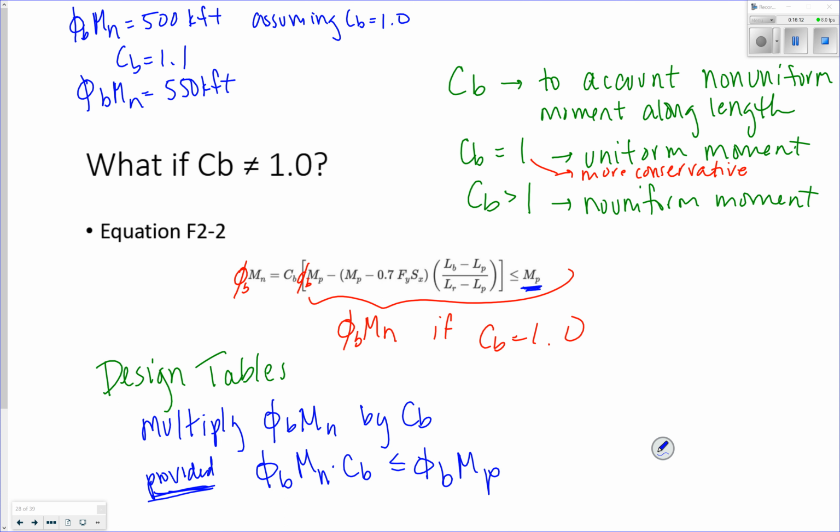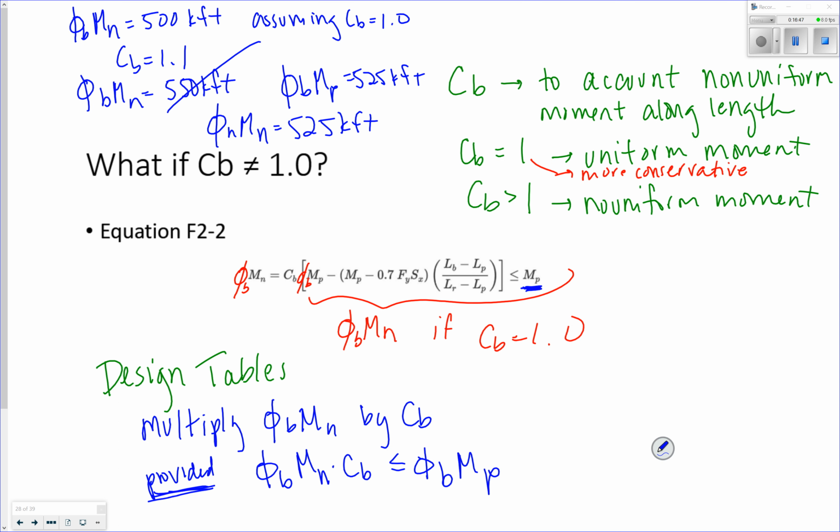But if my Mp, let's say that was 525, well, knocking that back down, now I can only get 525 kip-feet. So I can get another 25 kip-feet out of my capacity if I make an assumption of a Cb greater than 1, but it's not as much as I want because I'm always limited by that moment.